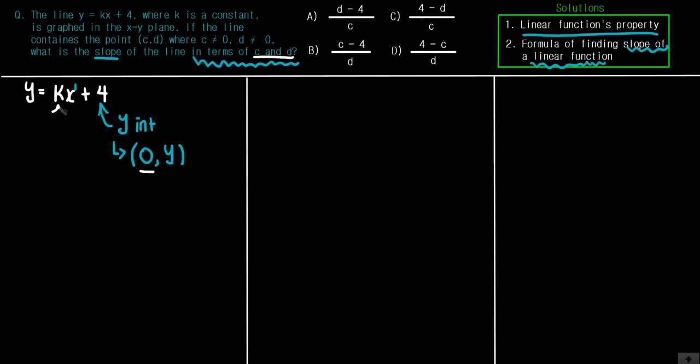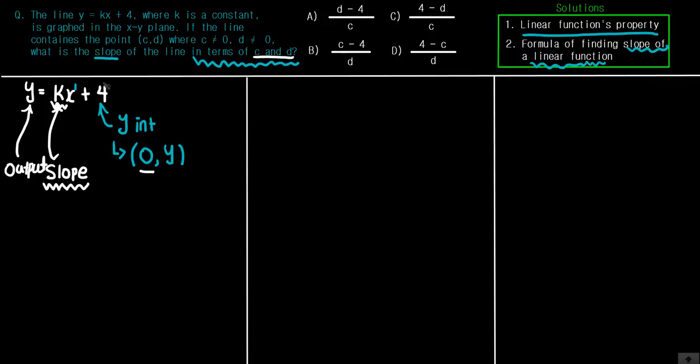And if you look at our k right over here, we usually write it as m, but they wrote it as k. And k is the slope of this function. Slope shows how steep the function is. Also, y is the output of the function.